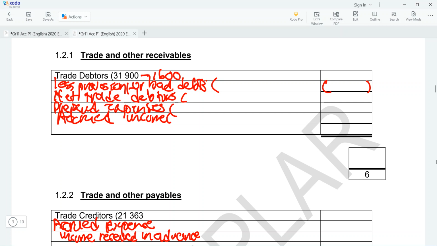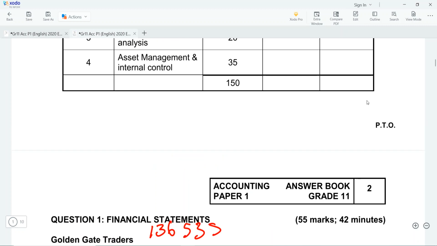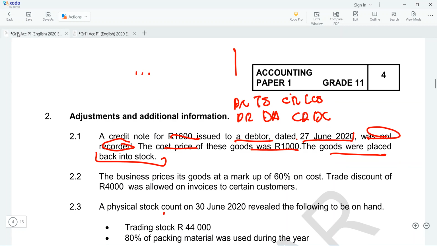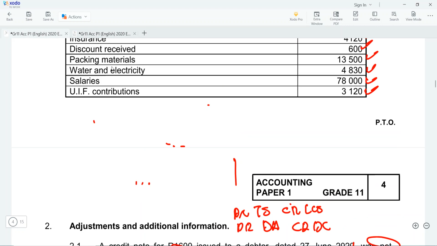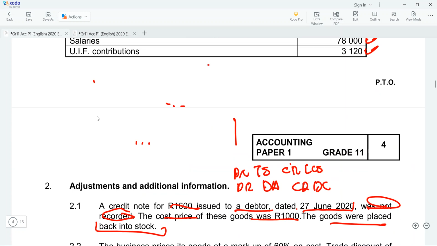And we must also remember that this has to affect our trading stock deficit or surplus calculation. What is happening is that our trading stock, according to the information, is 42,563, right? But someone brought back goods, and this was not included because they had already sold those goods. So we're going to add back that 1,000 here, and then once you are done, you will check what your stock on hand is.